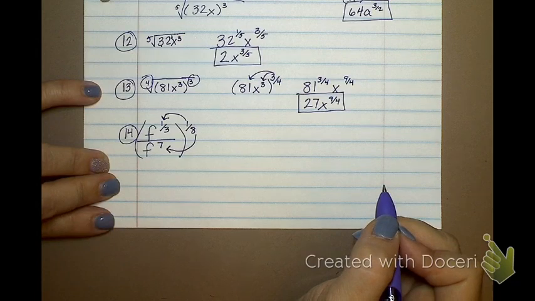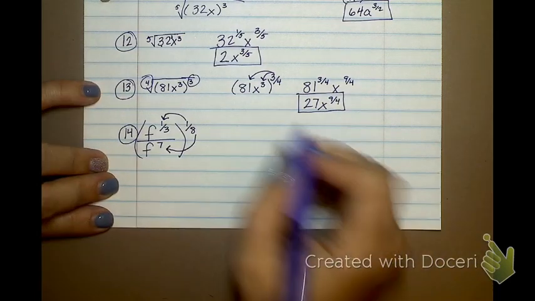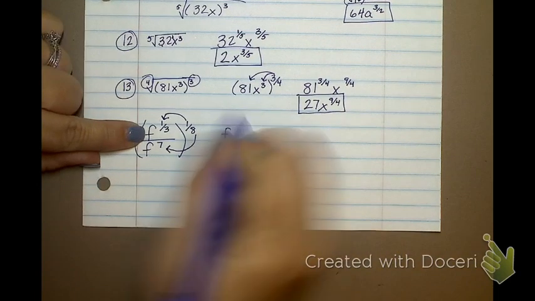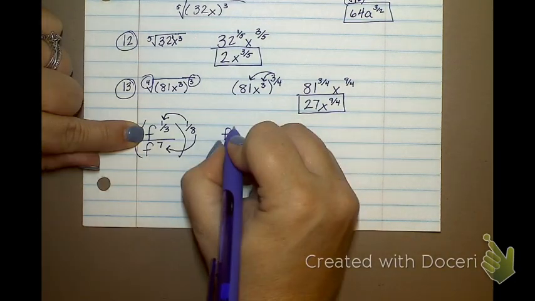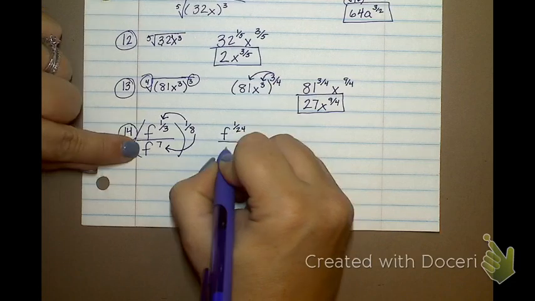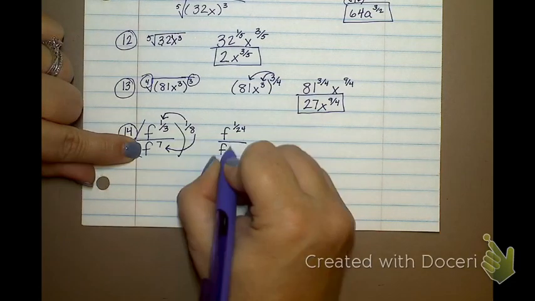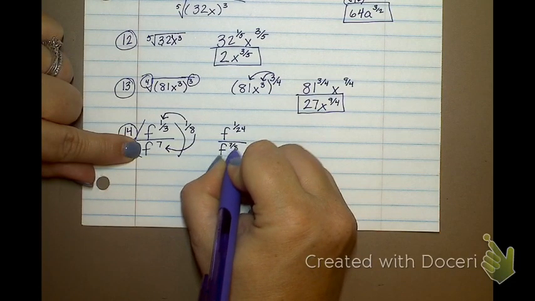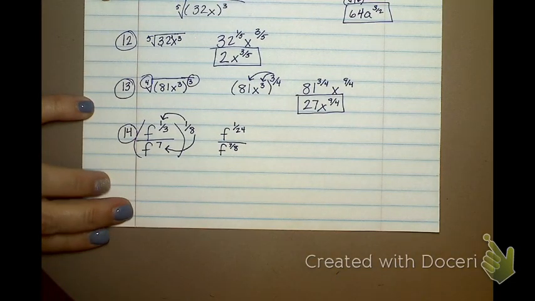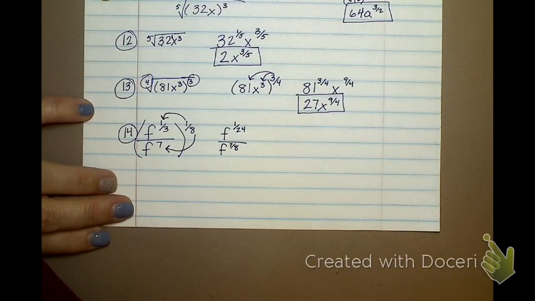Does that make sense? So, I'm going to have f to the, what's 1/3 times 1/8? 1/24 over f to the 7 times 1/8 would be 7/8.